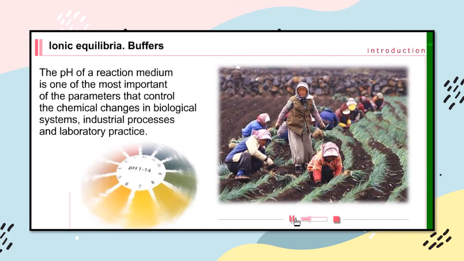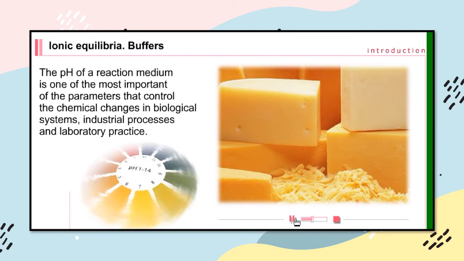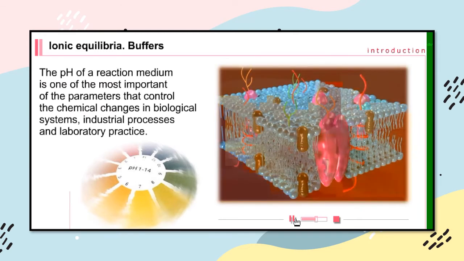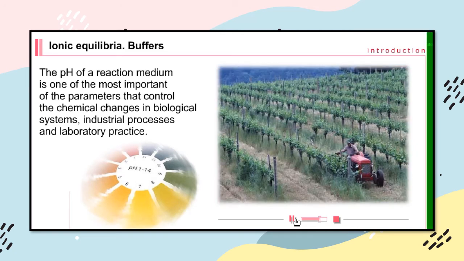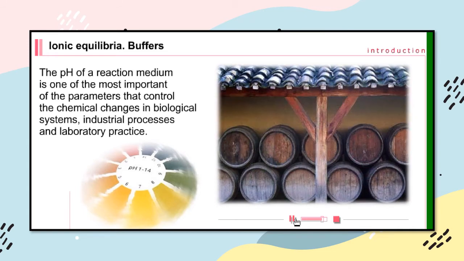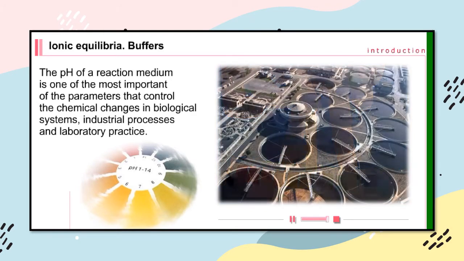For example, the pH of a reaction medium influences the growth of microorganisms and plants, activity of enzymes, permeability of cell membranes, characteristics of the electroplating process, and yield of industrial fermentation processes, such as wine or spirit production. Therefore, it is crucial for chemists to be able to measure, change, and control pH.